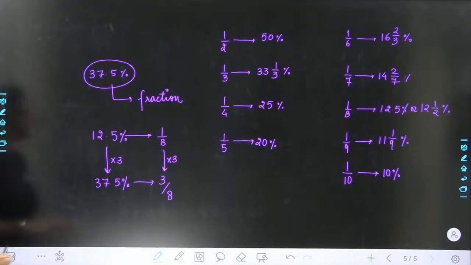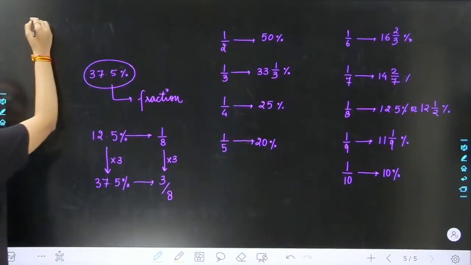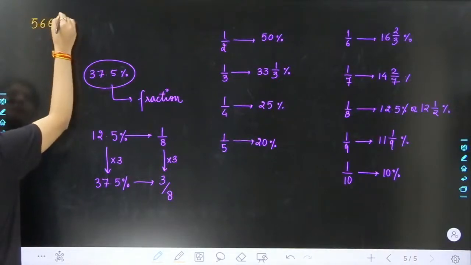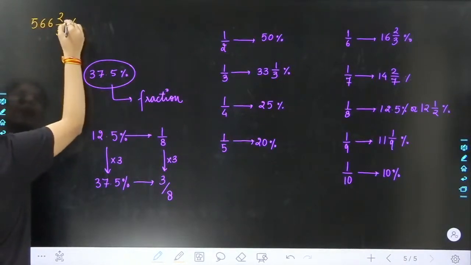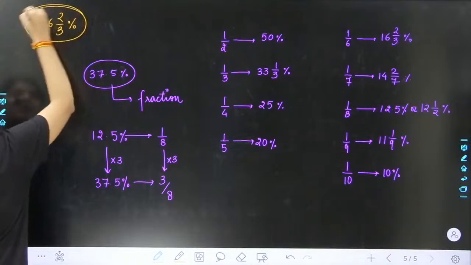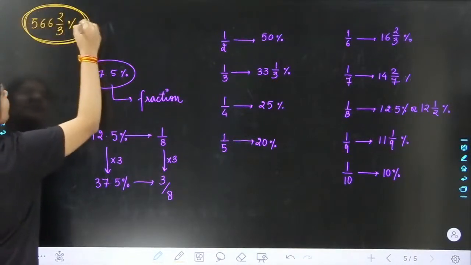Let's suppose I am having one number like 566 2 by 3%. How do I write this percentage into fraction?